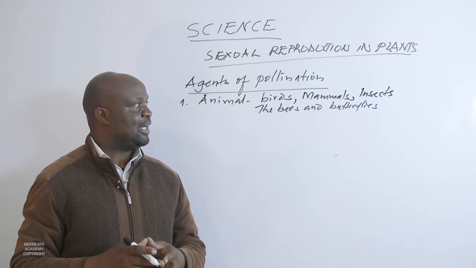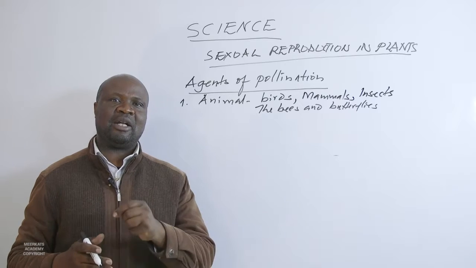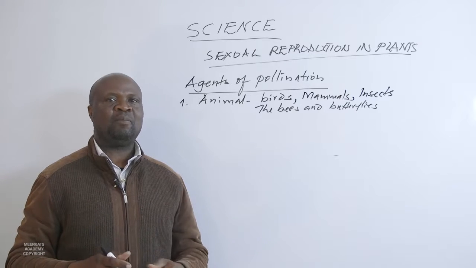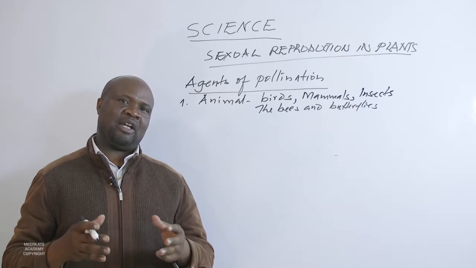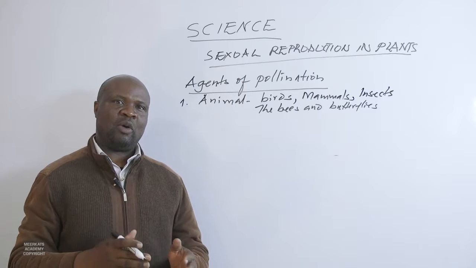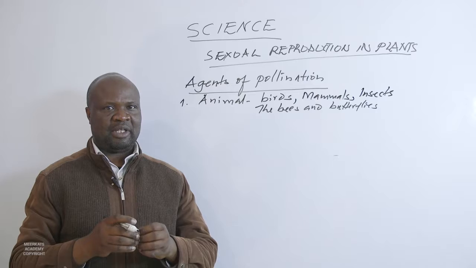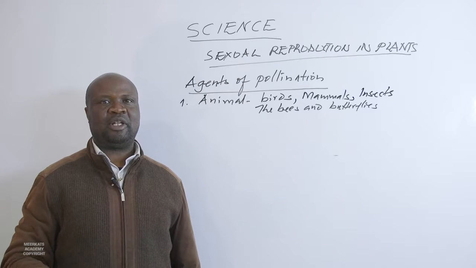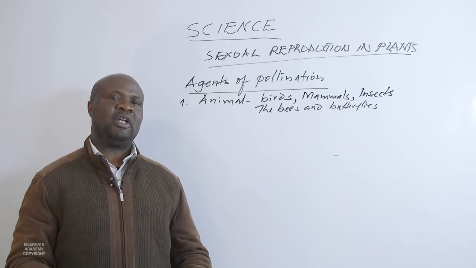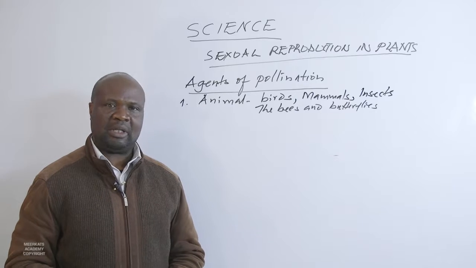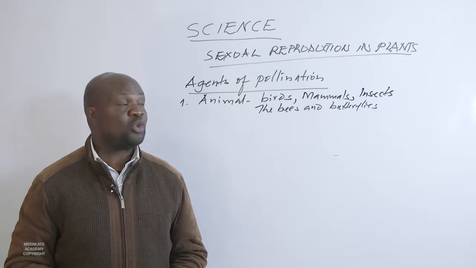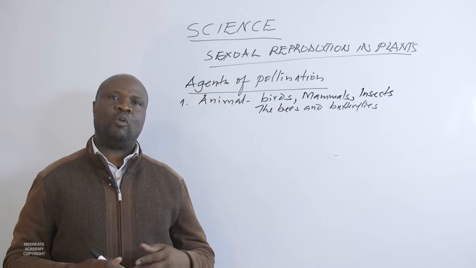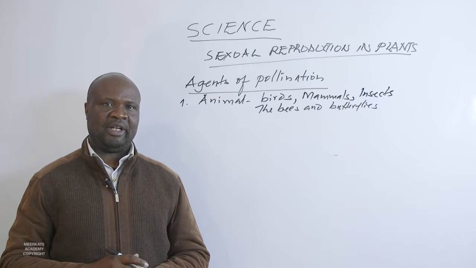Scent can attract these butterflies, and as they move from one plant to another, they carry the pollen grains, which find their way to the stigma. When they reach the stigma, they find their way to the ovary and later to the ovules, and fertilization takes place. So we have seen animals being one of the agents of pollination.